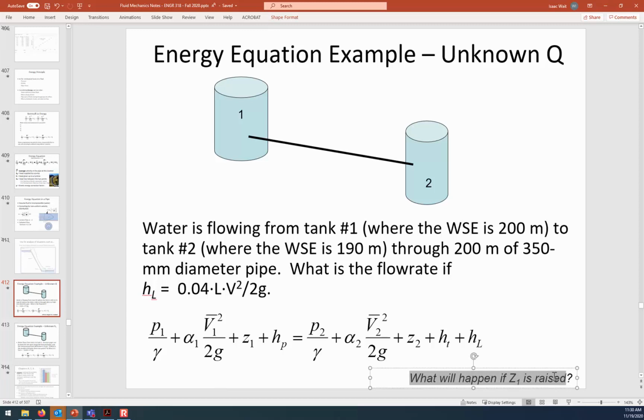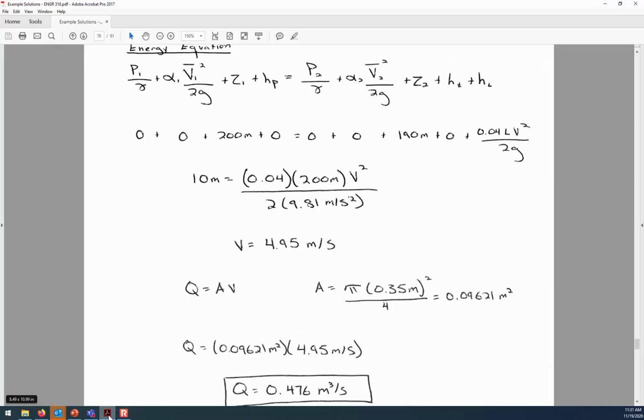Now, the slide down here at the bottom says, what would happen if Z1 was raised? So let me pose that question to you. If the water level at location 1 was higher than 200? What if it was 210? What effect would that have on the flow rate if the elevation at location 1 was higher?